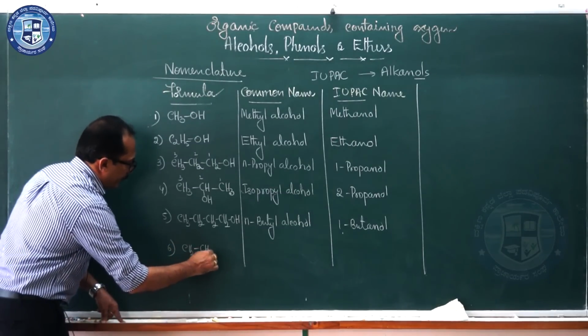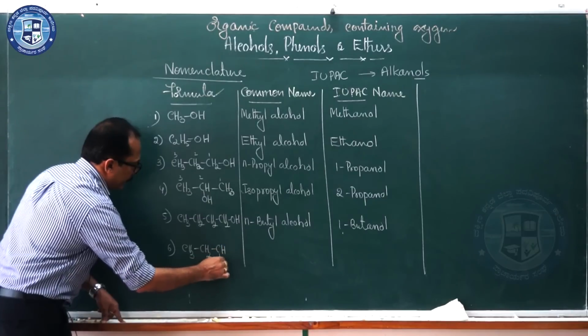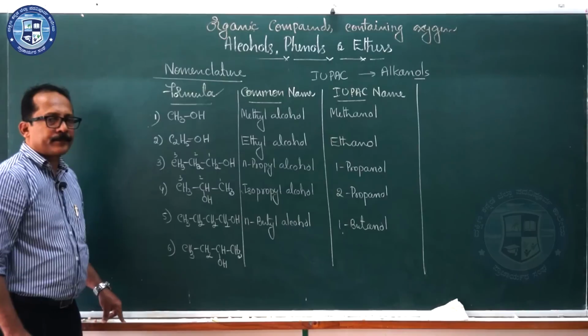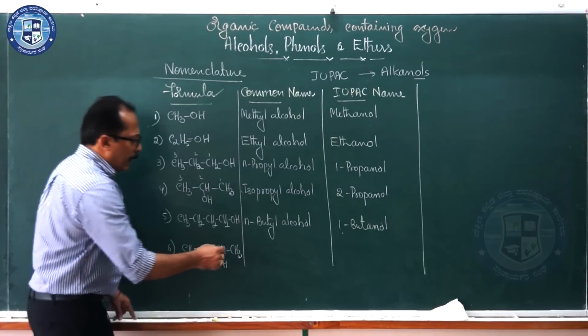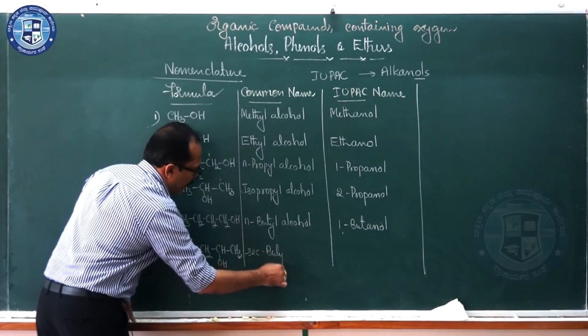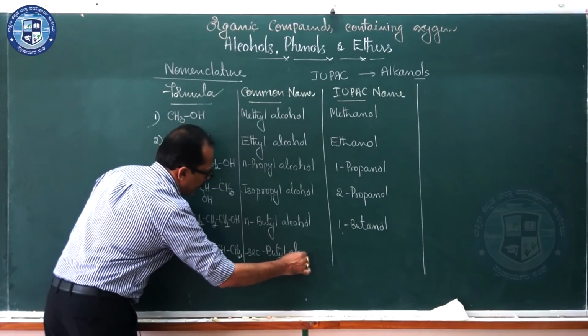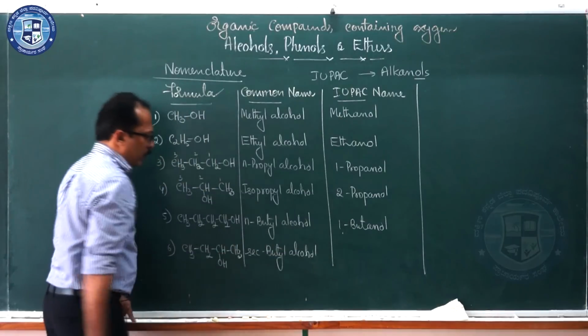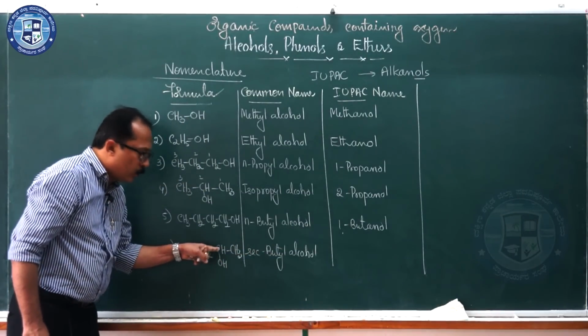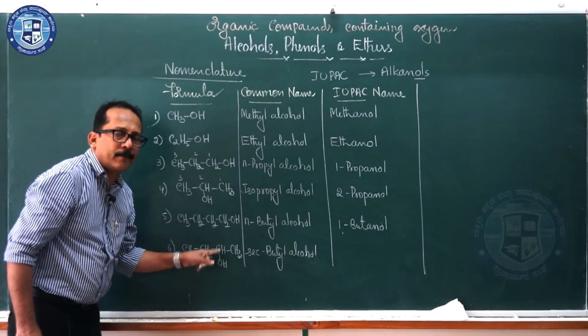CH3, CH2, CHOH and CH3. The common name for this compound is secondary butyl alcohol. Secondary refers to the OH group being attached to a secondary carbon atom.